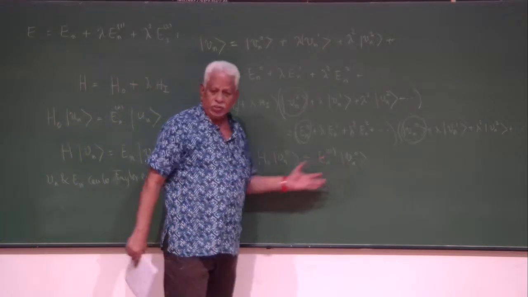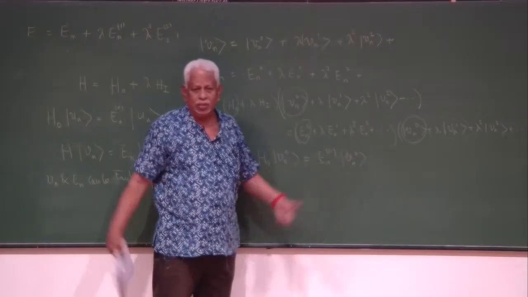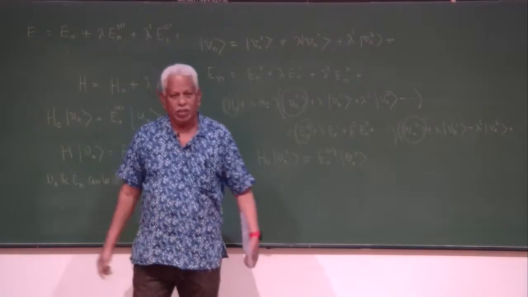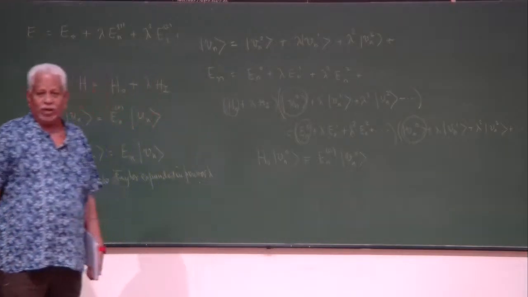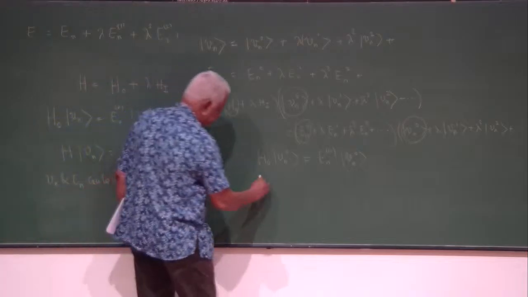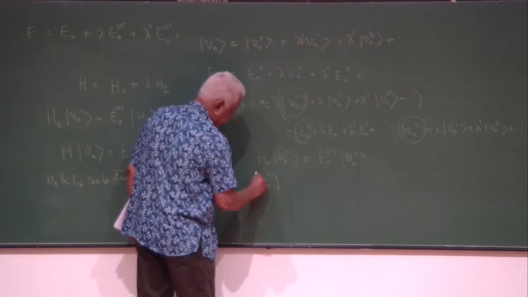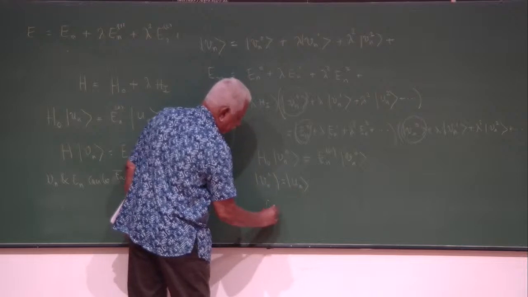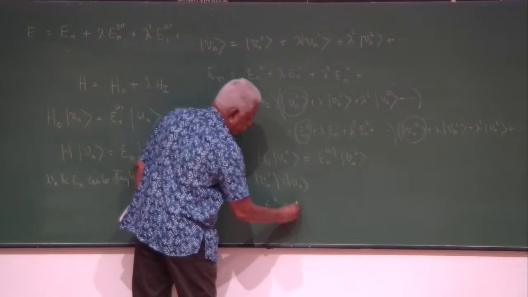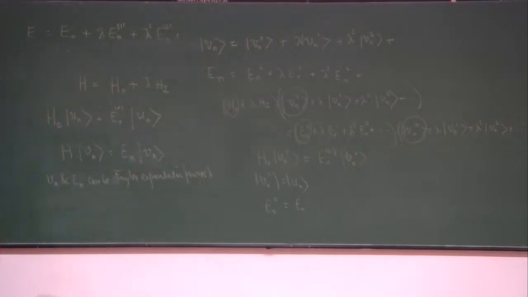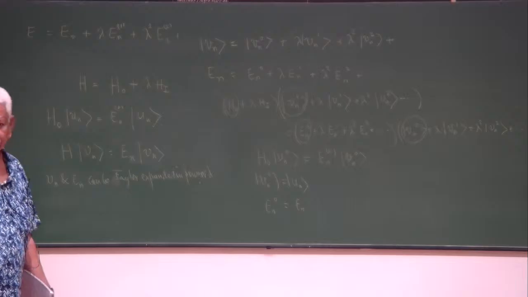Now we already know this solution. Vn0 must be Un, because I know the eigenvalues and eigenfunctions of this thing. So Vn0 is equal to Un and En0 is equal to En, to that order. Okay, is that clear?